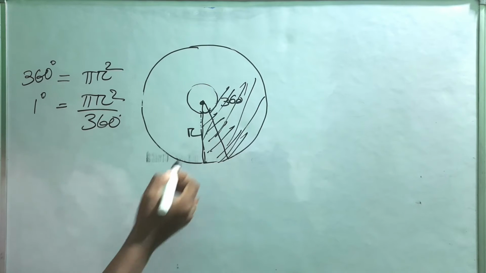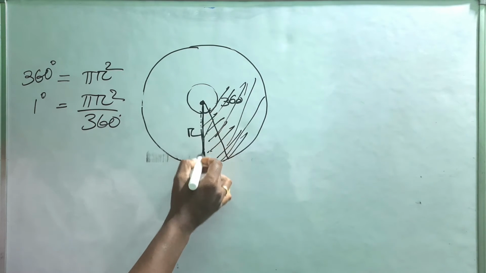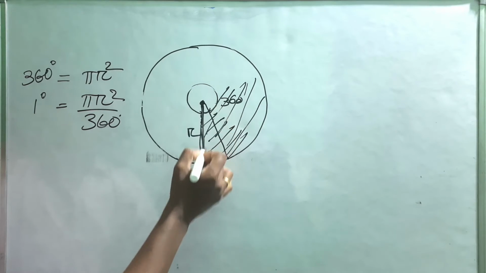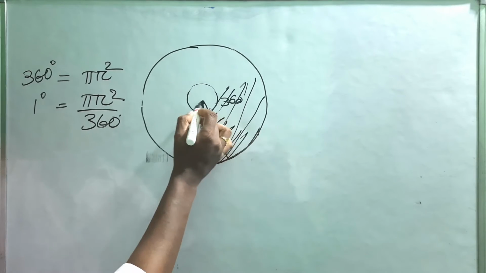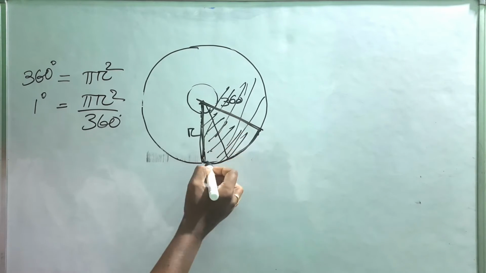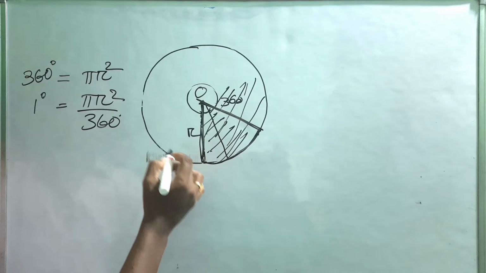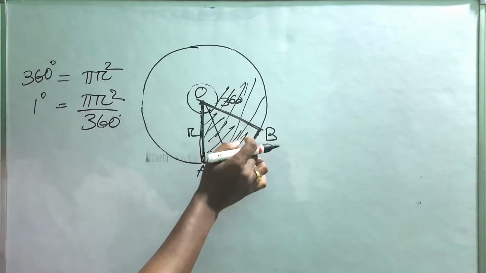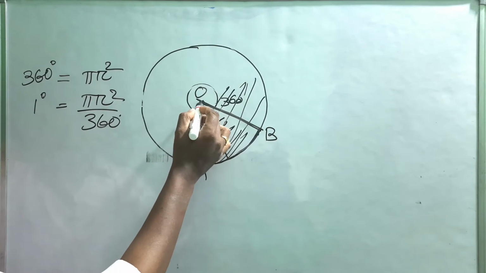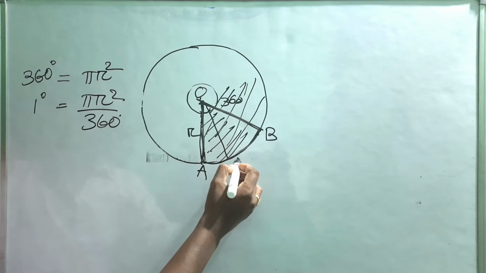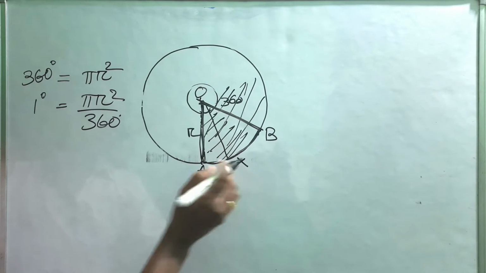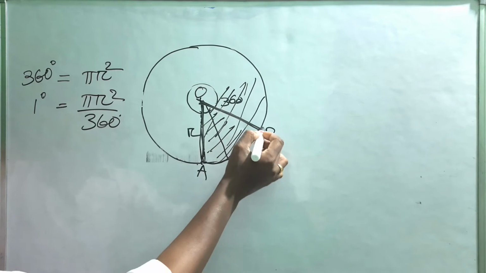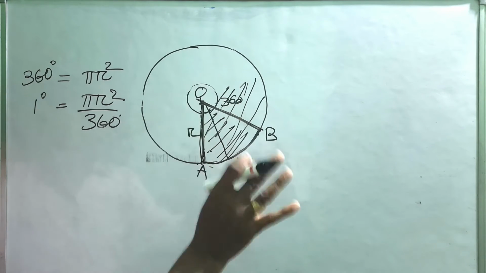Okay, now suppose this radius has swept from here to here. Let us name it. OA is one radius and this is OB, the new radius. Now, on the arc, just mark another point X. Now OAXB becomes a sector.